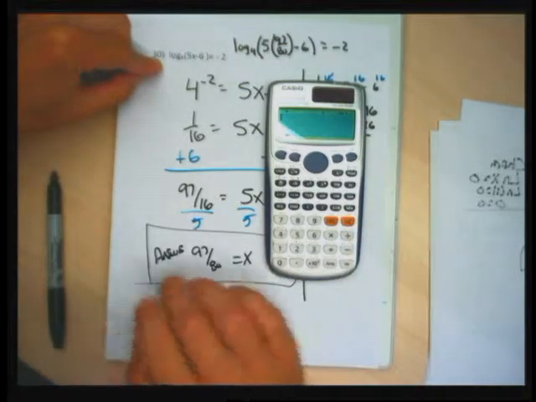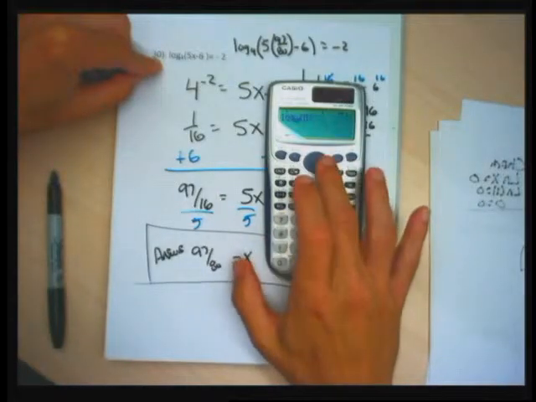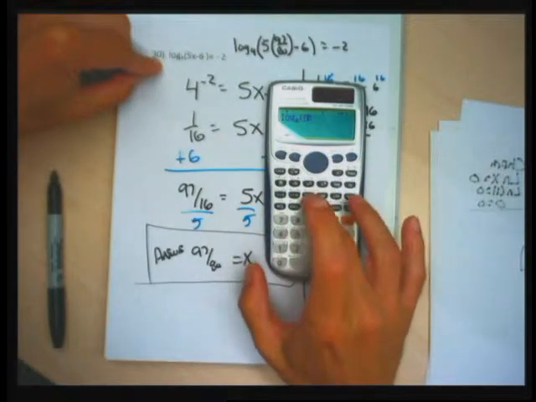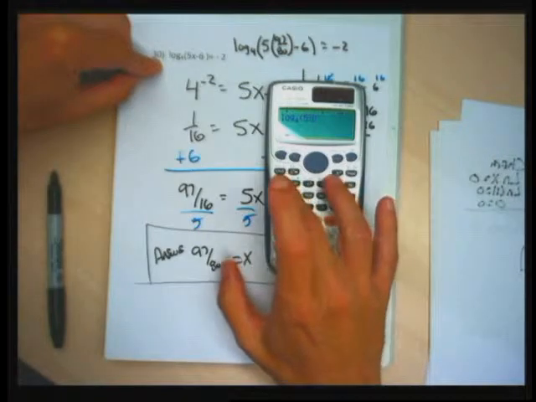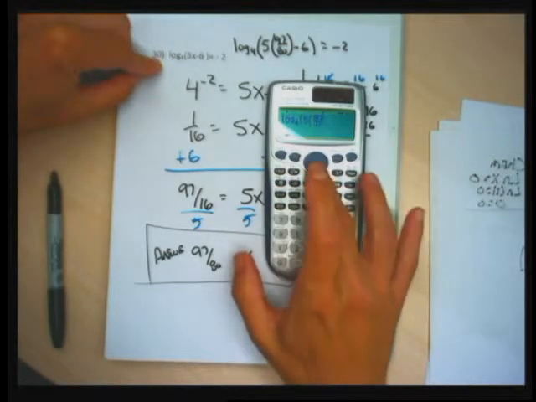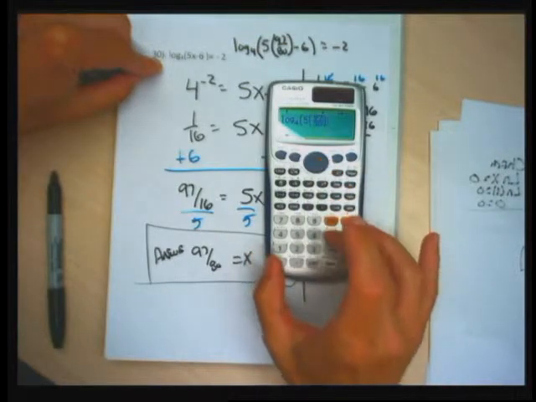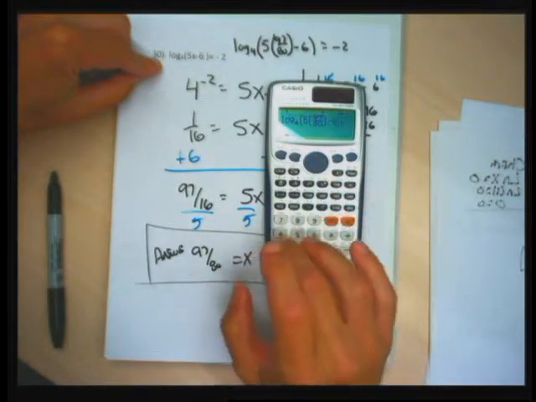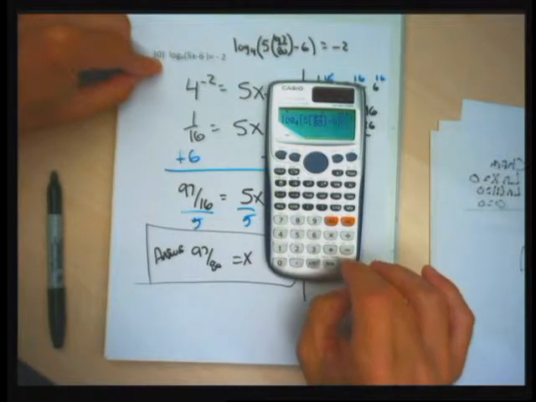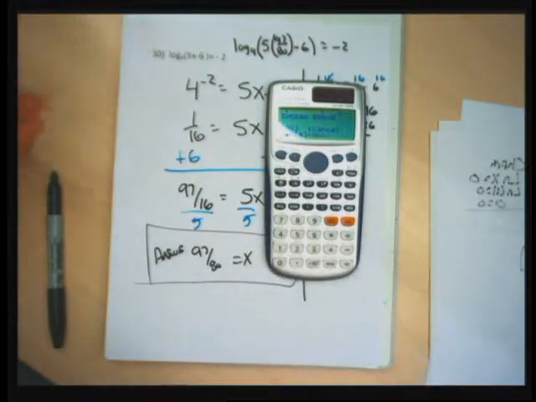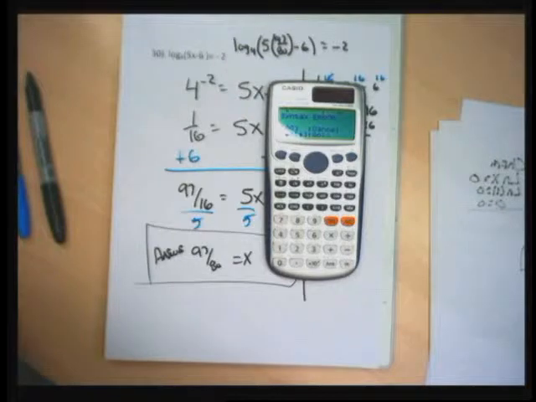I'm starting over. Log base 4 of 5, parentheses, fraction 97 over 80, minus 6, close my parentheses. Really? I don't like this.